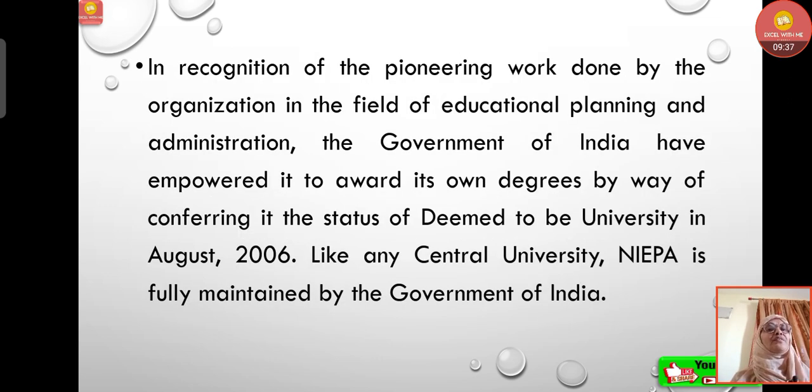Now, in recognition of the pioneering work done by the organization in the field of educational planning and administration, the Government of India have empowered it to award its own degrees by way of conferring it the status of deemed to be university in August 2006. Like any central university, NIPA is fully maintained by the Government of India.